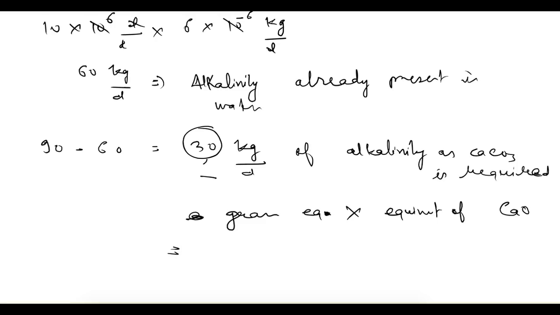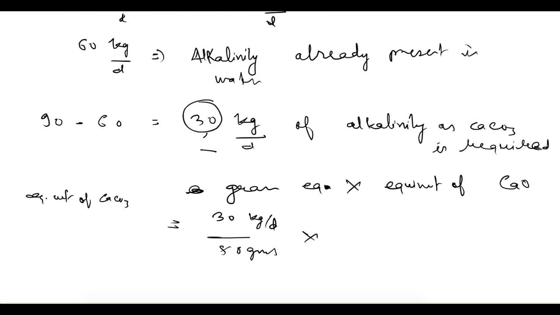The gram equivalent is the weight in grams, 30 kg per day, divided by the equivalent weight of CaCO3, that is 50, and multiplied by the equivalent weight of CaO.